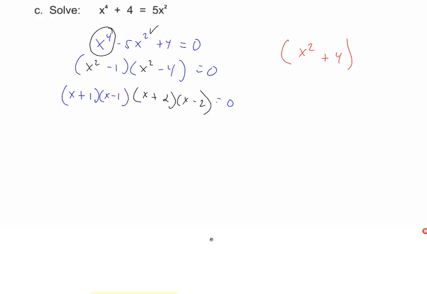Technically, no. Because a difference of 2 squares has to have a negative in the middle. But if we really know what we're doing, we could factor this as a difference of 2 squares. Now, we've done this maybe once or twice. We haven't done it a lot. Does anybody remember how to factor this?